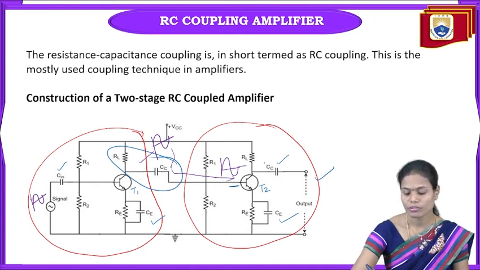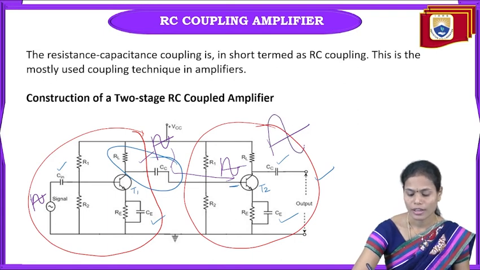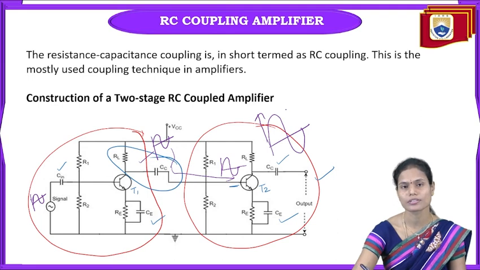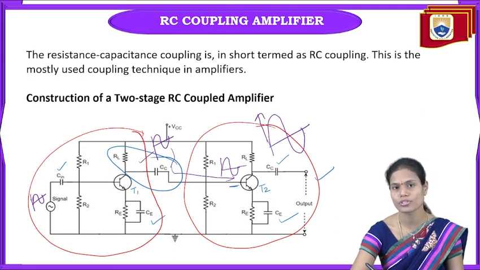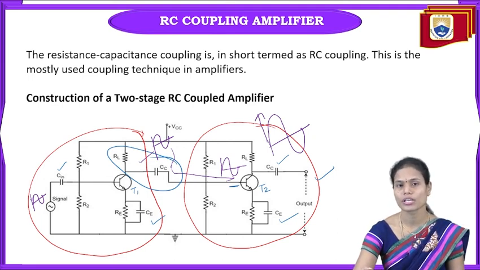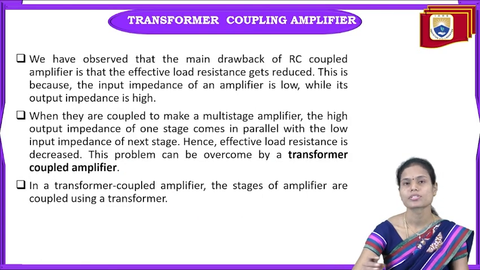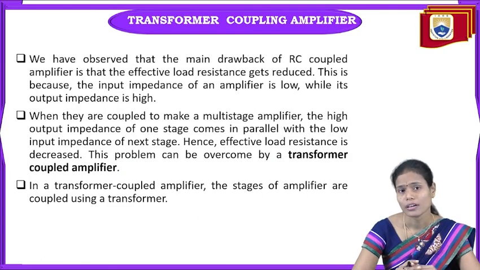The output of the second stage will again be an amplified signal; the amplitude of the signal will increase further. If you interconnect some more stages, the voltage gain will improve more. This RC coupled amplifier we can utilize for high frequency applications as well as audio frequency applications.